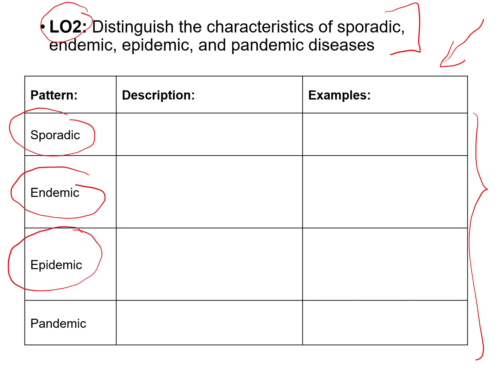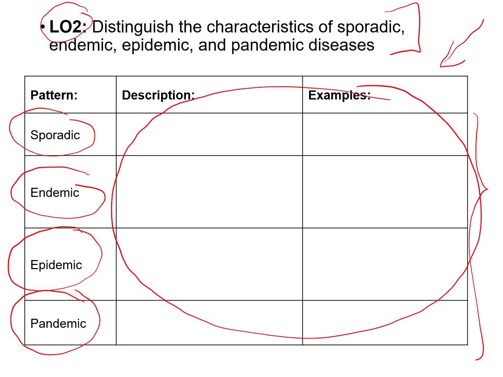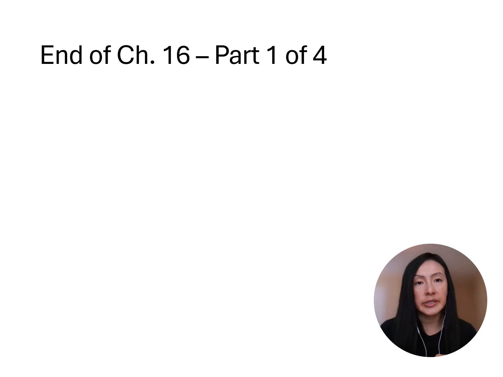With epidemics, you see a sudden increase in the number of cases way above expected levels in a specific region and time period, like our seasonal influenza outbreaks. And pandemics are worldwide epidemics that affect multiple continents, like COVID-19. So see if you can try on your own to define each of these and provide examples for each as well. And that concludes section 16.1.